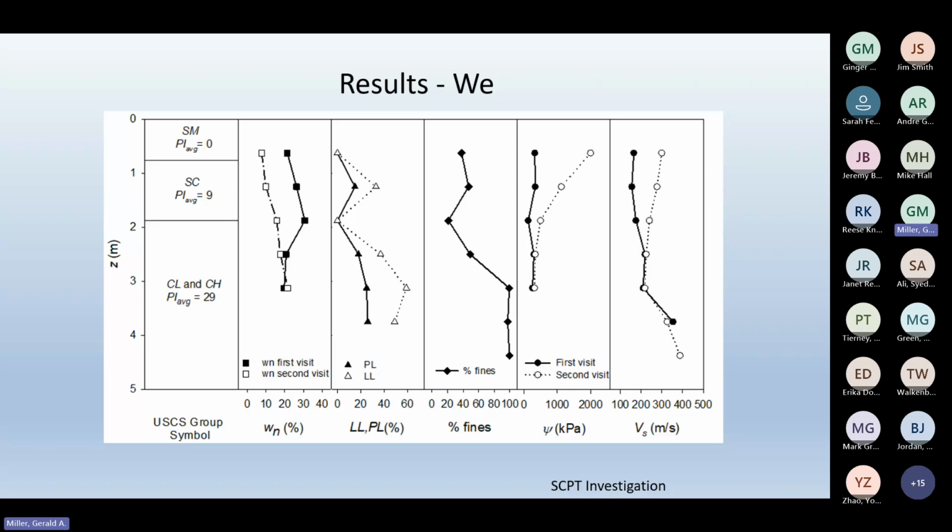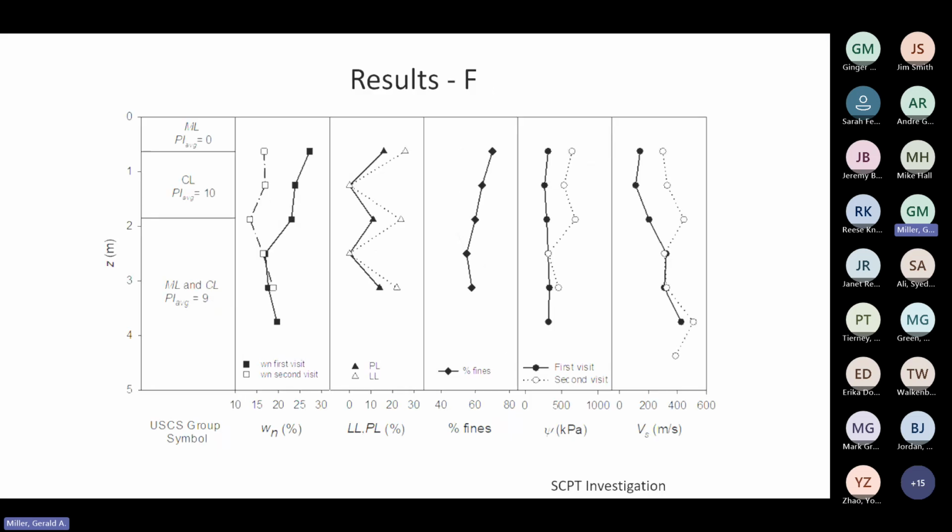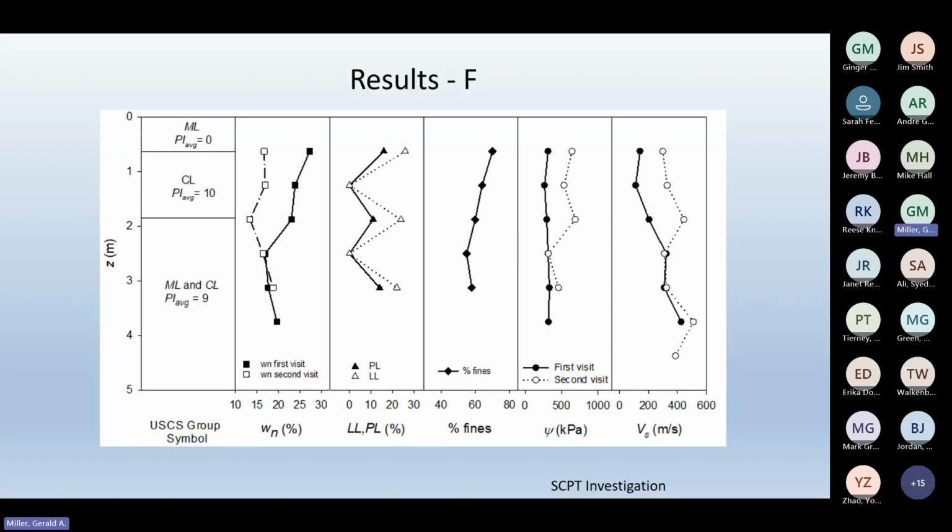There's our moisture content. This is our suction. That psi is the symbol for suction. And again, we see a corresponding difference in shear wave velocity. And then finally, our last site, which I think is the Fears Lab, we saw some significant differences there in the moisture content and the suction and the shear wave velocity. Now, some of the other sites, we just didn't see enough difference in water content or suction to make a big difference. But at these sites, there were some significant changes, and it affected the results.